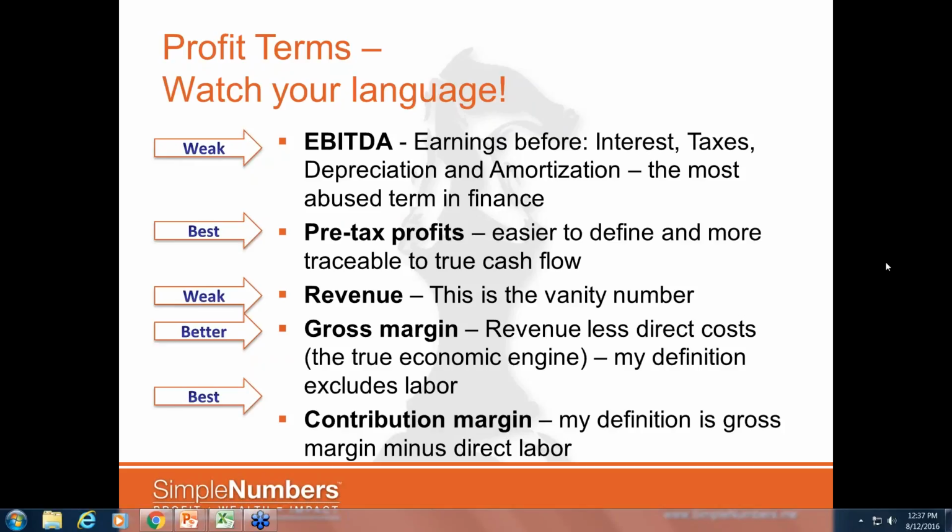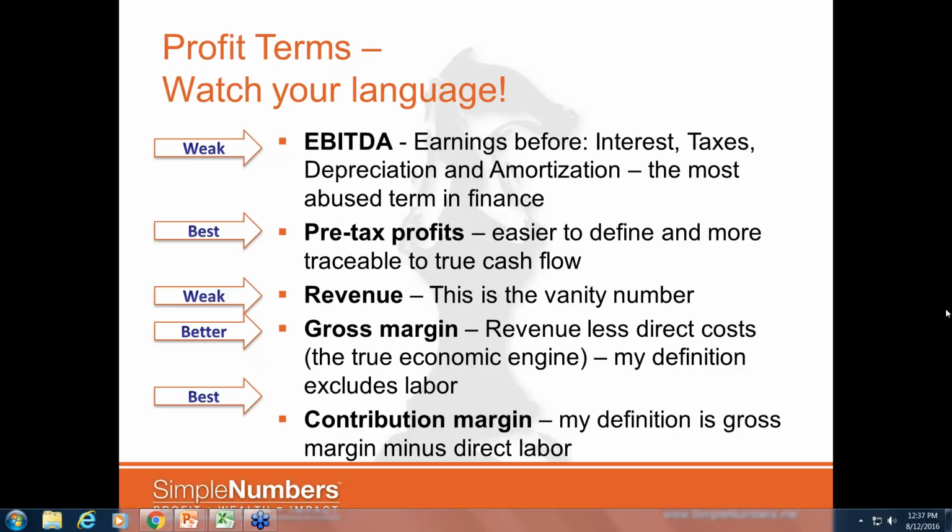The reason it's so valuable is it's the actual planning tool that we use to say, how much money do I have to produce out of what we call the business engine, our revenue, gross margin, and contribution margin, to be able to cover my operating costs, that overhead section, and still be at a 10% net income. And so it allows us to have the most value in planning whether or not we want to make changes within the business.